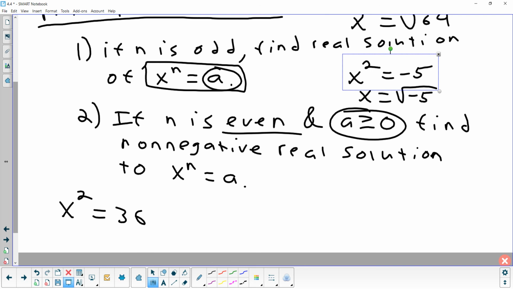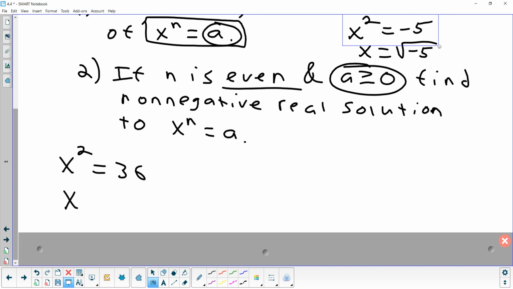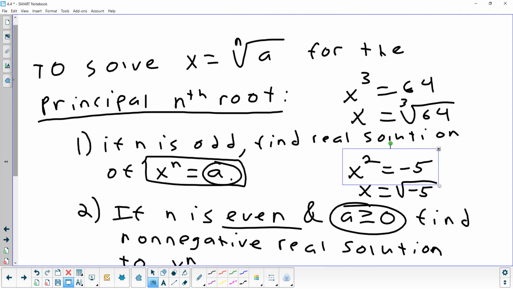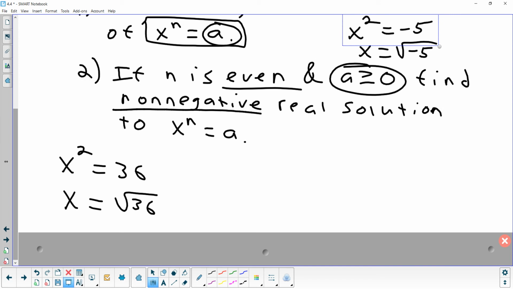If I ask you to solve this problem for the principal root, you take the square root of both sides. And you might be thinking, well, he taught us that the square root of a number has 2 answers. And you're right. But if I specifically ask for this, I only want this. I don't want both answers.